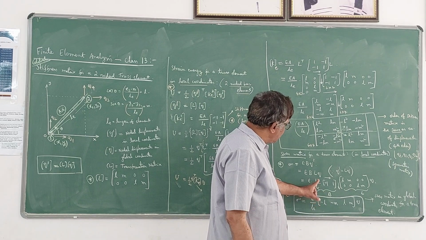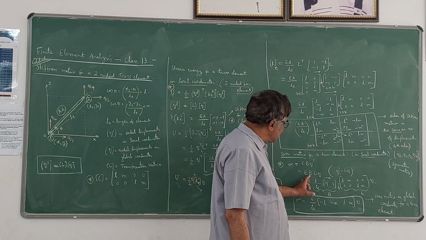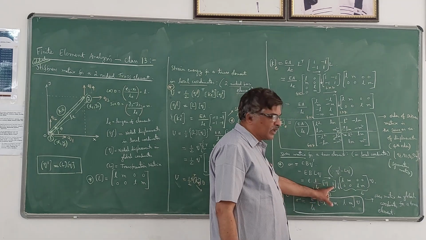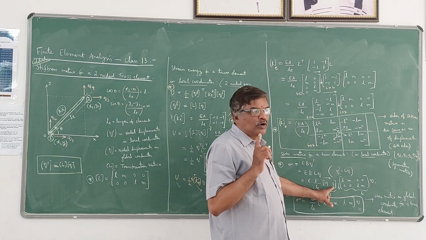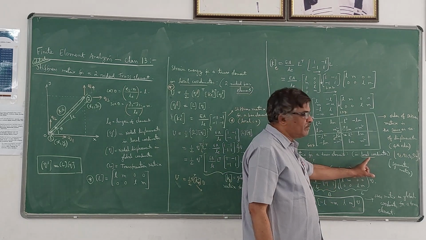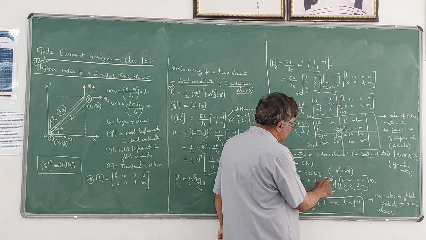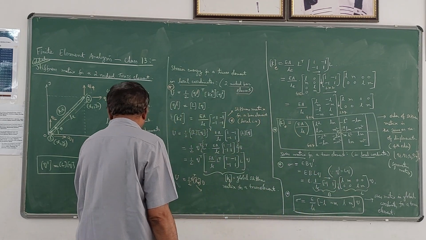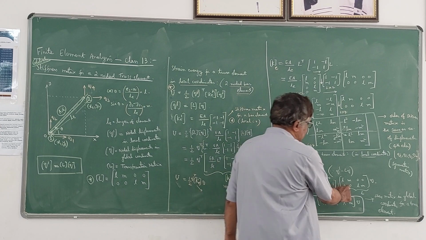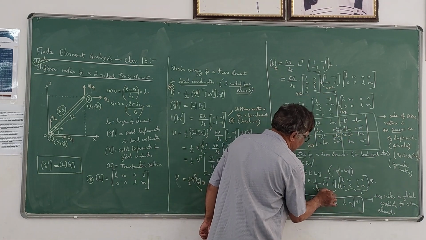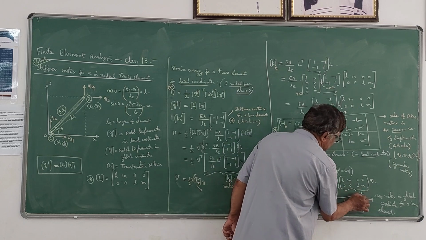The strain displacement matrix is 1 by Le into minus 1, 1 in the case of a 2-node bar element, which is the same as a truss element in local coordinates. And here L is once again l m 0 0, 0 0 l m. I have substituted that into Q.